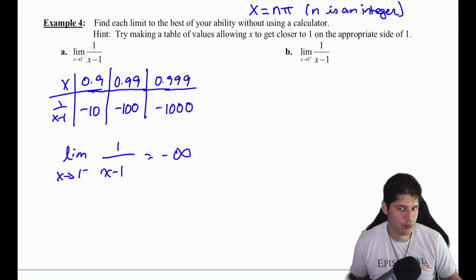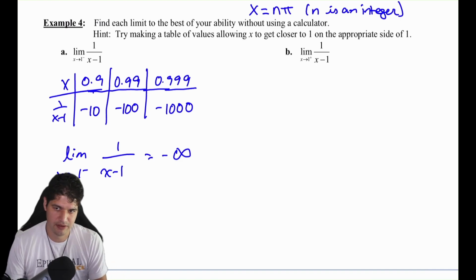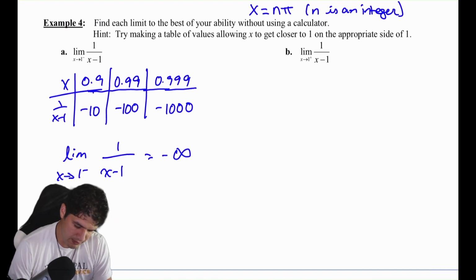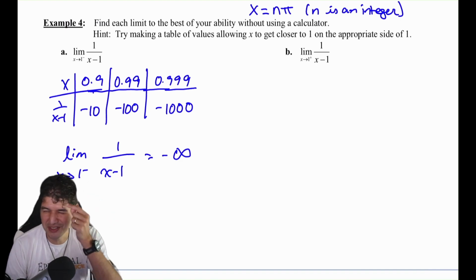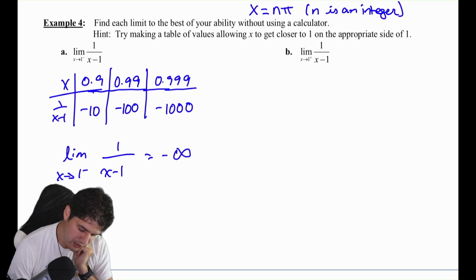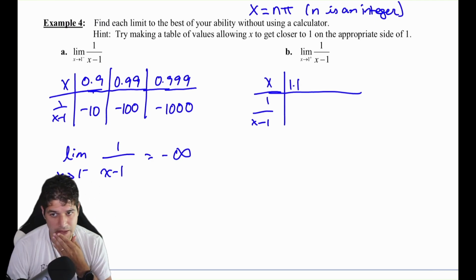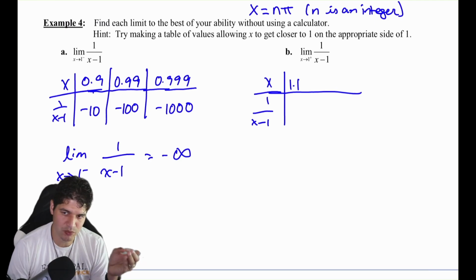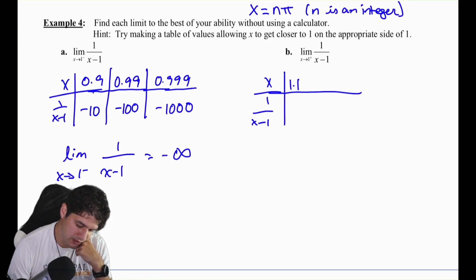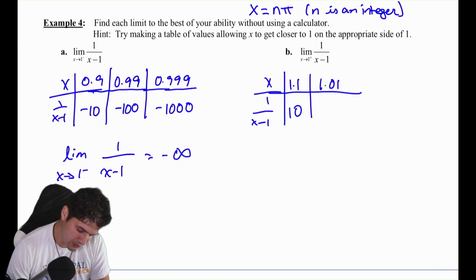Now, what happens when we approach 1 from the right side? Let's again make a little table, or you can start to do it in your head a little bit: x and 1 over x minus 1. From the right side of 1, that's going to be 1.1. If I do 1.1 minus 1, I'm going to get 0.1, and 1 over 0.1 is going to be 10. Keep going, 1.01.